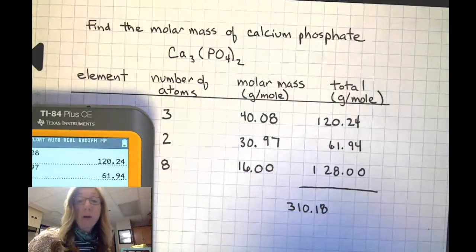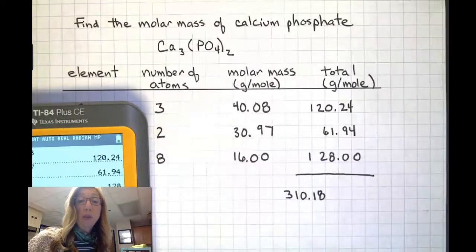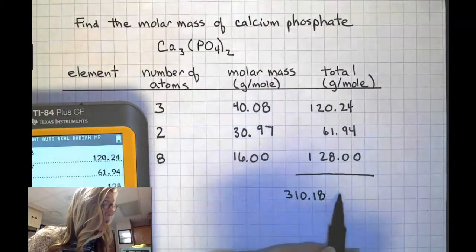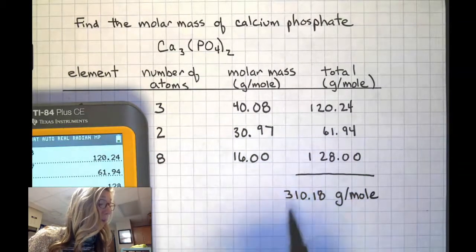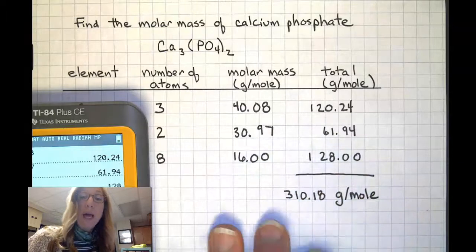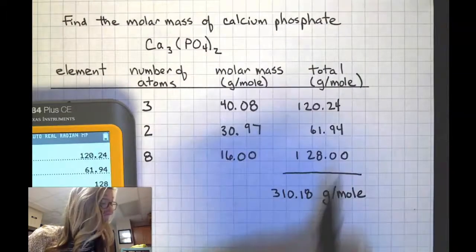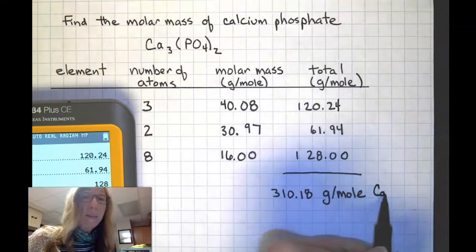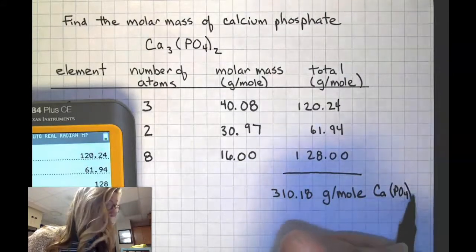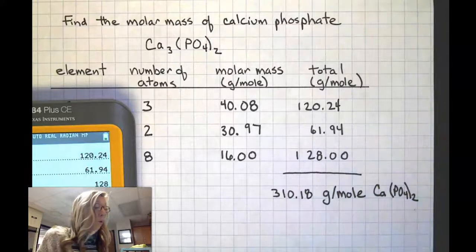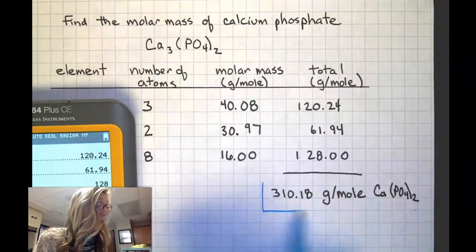310.18. Very important, I want to make sure that I have my units grams per mole, not just grams. This is how many grams per mole, and you need to specify what you're talking about. Ca3(PO4)2, and then we will box our answer.